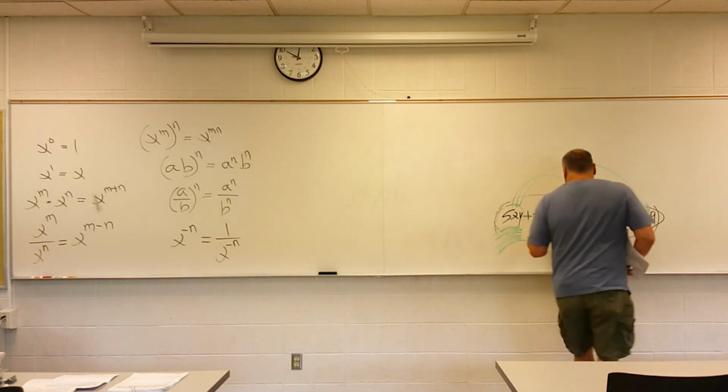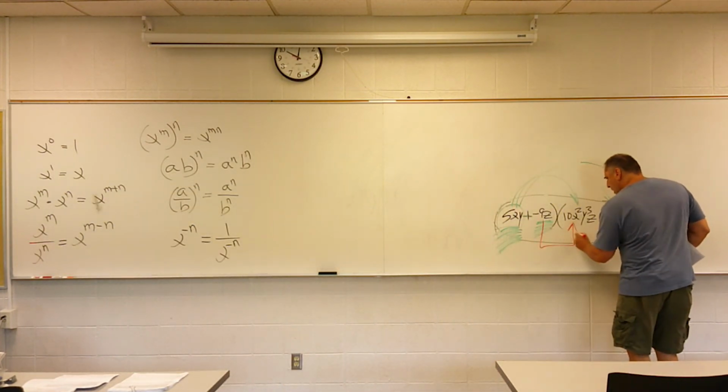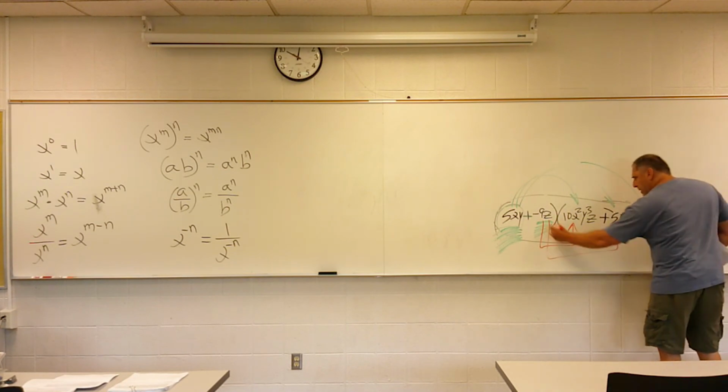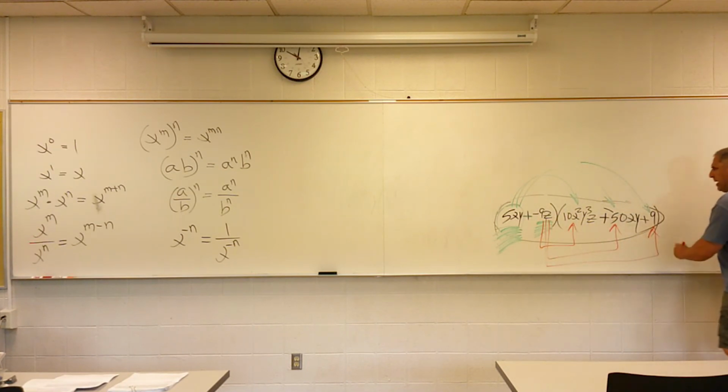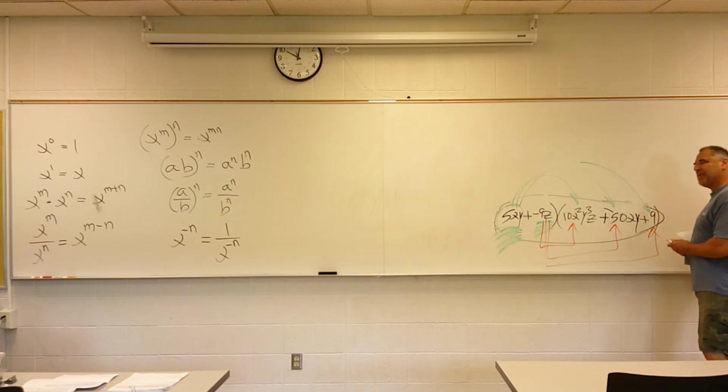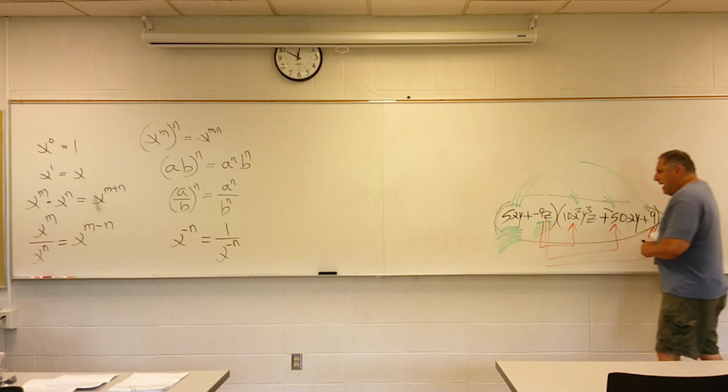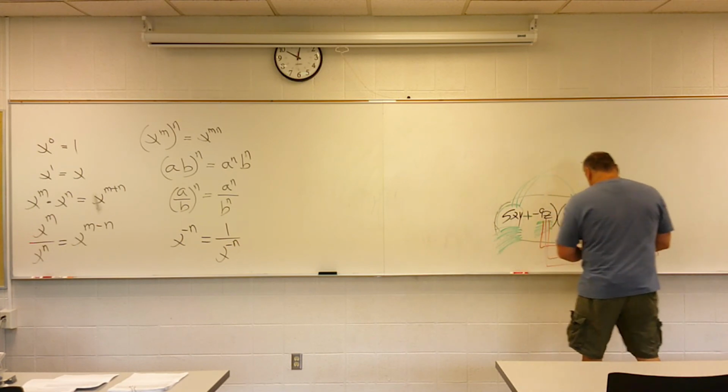Then you're going to take this guy, go here, here, here. So you're going to do the distributive principle twice. It's pretty simple that way. Let's take our time on this.